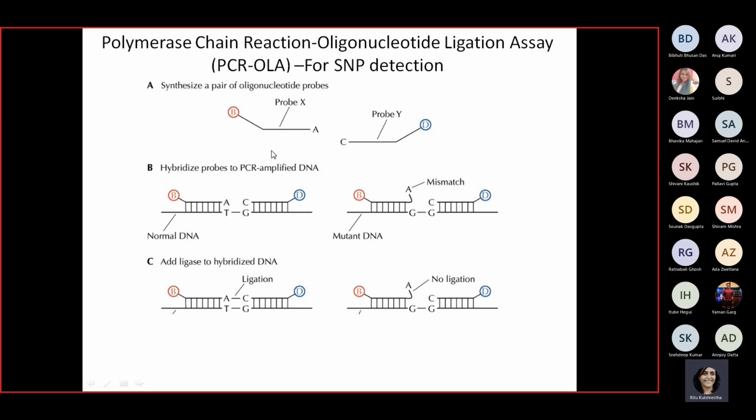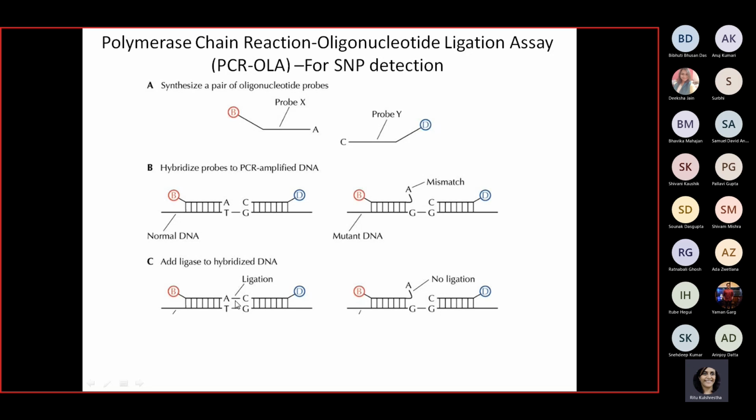So what will happen is that when I take out my DNA and incubate it with these probes by hybridization, then this will bind here and this will bind here. However, if it was mutant DNA, then A will be hanging around and you will not see that it binds here, right? Obviously, because it is not complementary to G. So then after this probe attachment or hybridization step, you perform ligation using the enzyme called ligase.